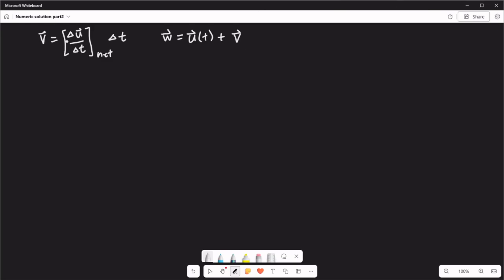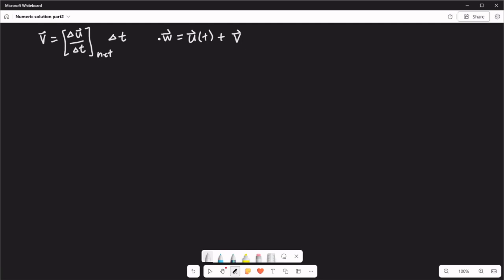Okay, so I just showed that if all of these, in a sense, force terms are computed, they estimate the change in U, the change in the velocity field with respect to t, times the delta t, which gives a new velocity, which, when added to the old velocity field, creates the field W. Now, technically, W could be the new U in some cases, and in some cases it actually is.